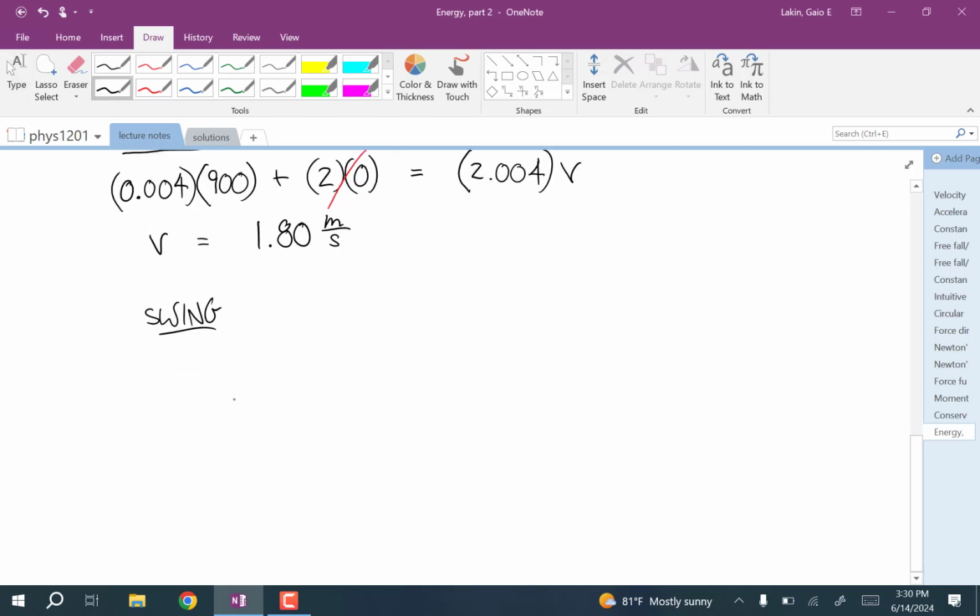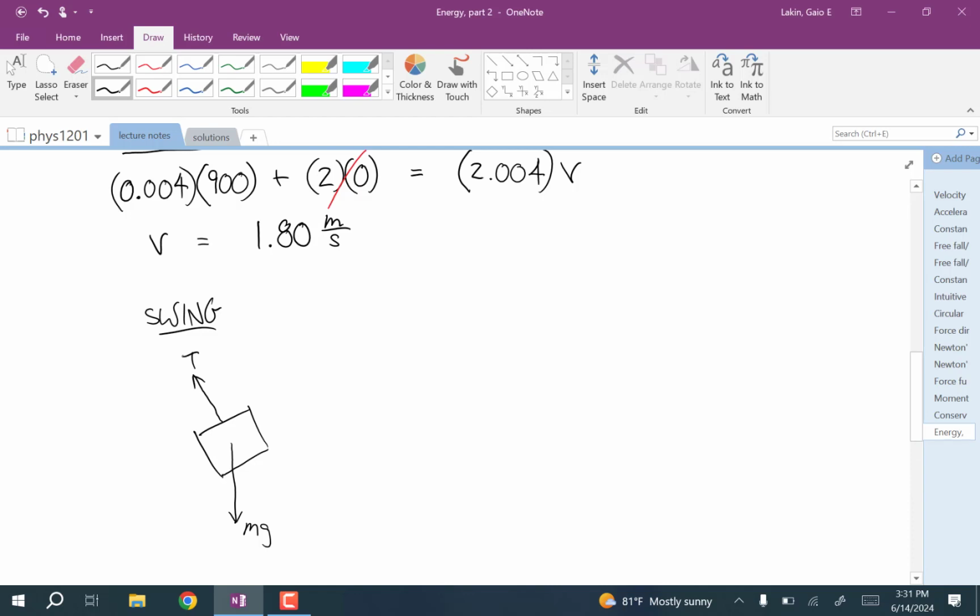Let's think about a free body diagram of the block and the bullet during this swing. Okay. So there's a weight force acting down, that's 2.04 times 9.8. And then there's a cable force this way.